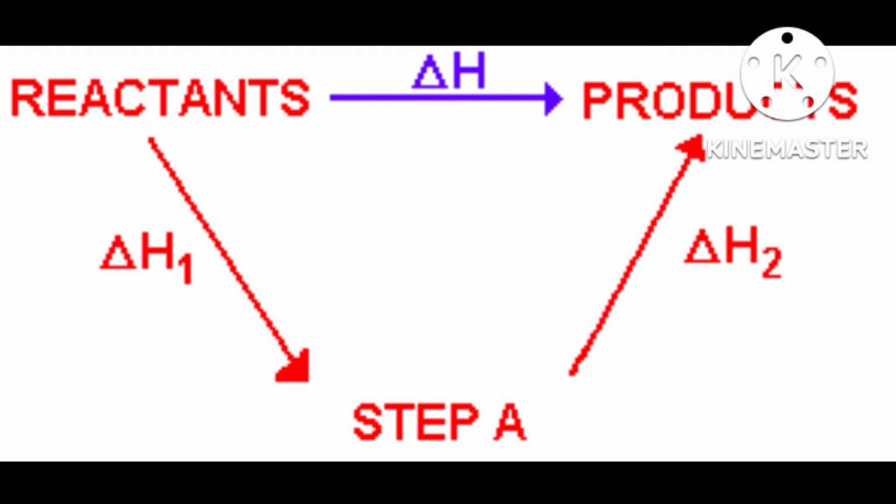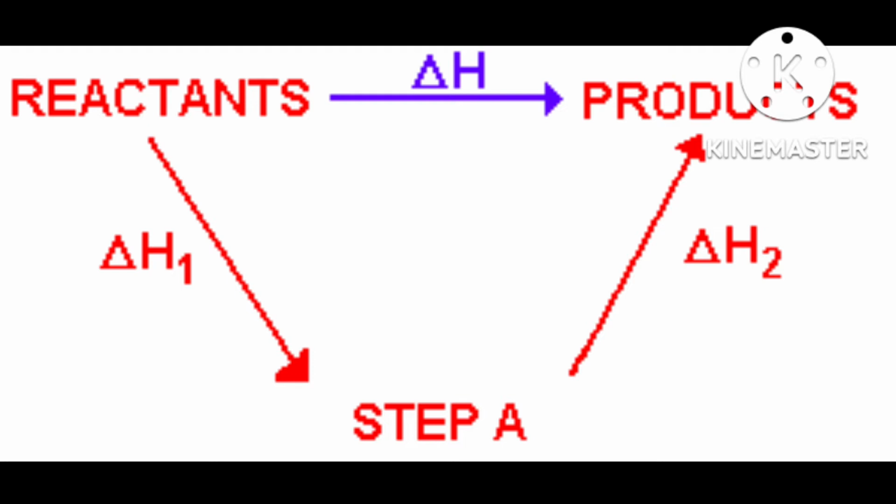Two things I told you: the physical state plus the enthalpy change, the H value, you have to write. Only then can you say this is a thermochemical equation, and it will be useful. If either one is not written, then it is a problem and it will not be useful.